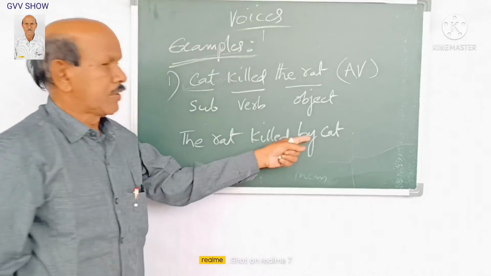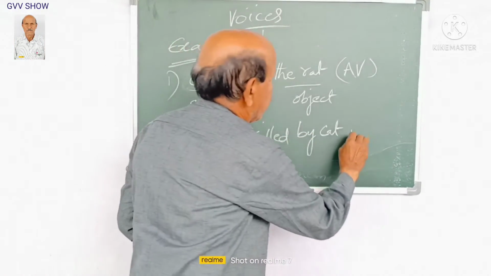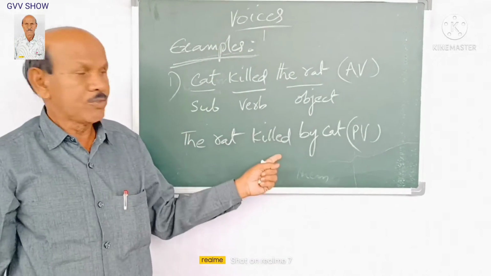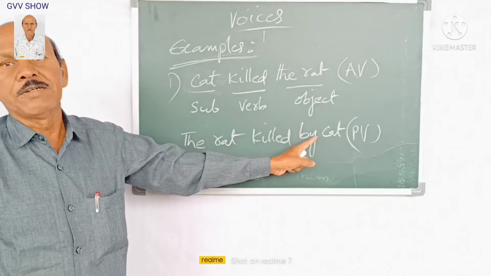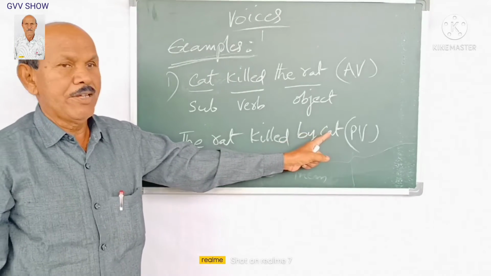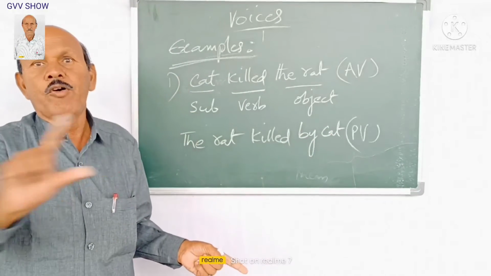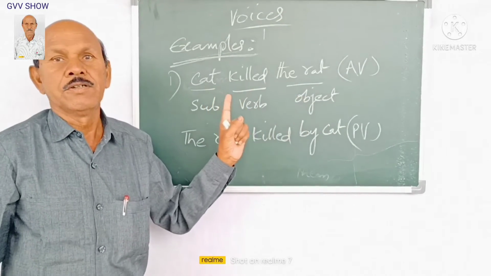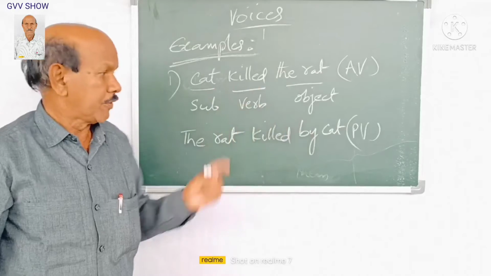So what is the new sentence in the passive voice? It has "by". When the sentence has "by", we must think that it is a passivized sentence. "By" is a new word in the passivized sentence.